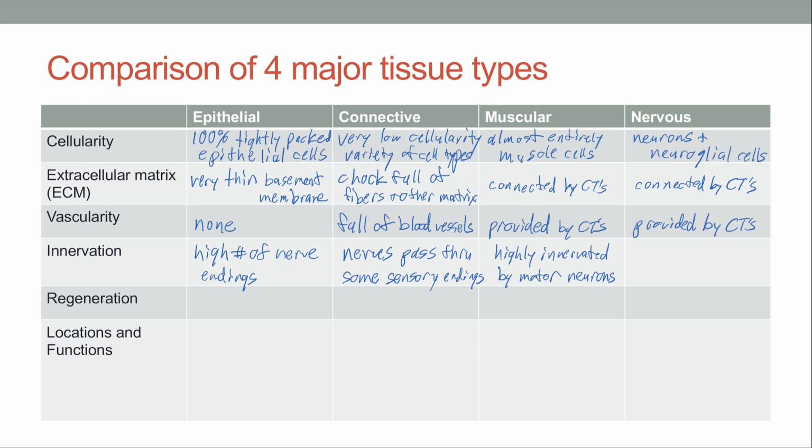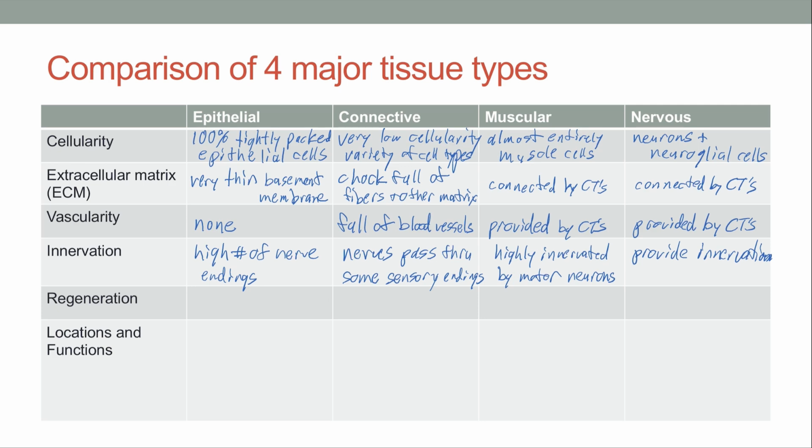And finally, nerve cells. Obviously, nerves are the things that provide innervation to other tissues. So, to ask how innervated nervous tissue is is kind of a silly question.